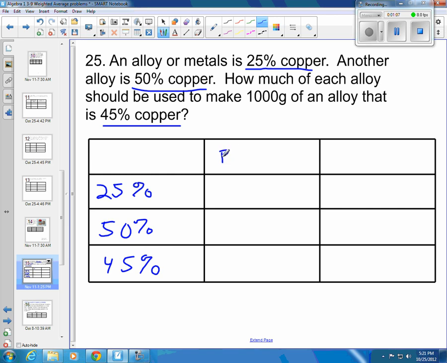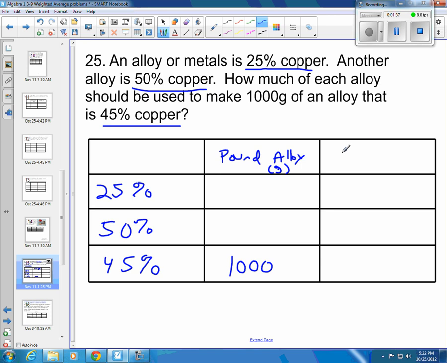So this is going to be pounds of the alloy. Alloy just means a mix of your metals. So an alloy of metal is 25% copper, another is 50% copper. How much of each alloy should be used to make 1,000 grams that's 45? So we know that this is 1,000 right down here, and this is in grams. So let's put my little G up there.